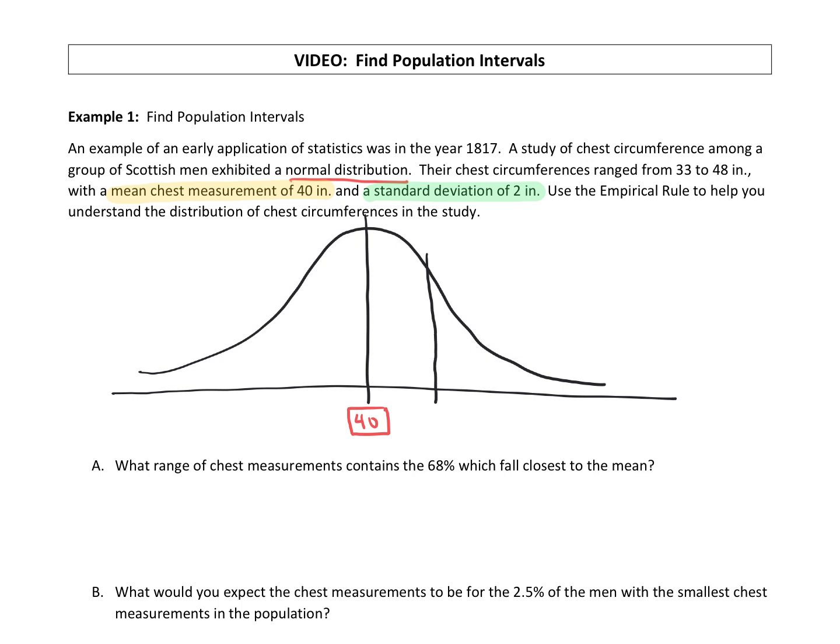I'm going to count by 2 inches, and this is going to be 42. I'm going to divide it up again. Here's 44, and we only have to go 3 numbers above and below the mean. These are our standard deviations. Divide it up again, and here we have 46. Now let's do the same thing below the mean.